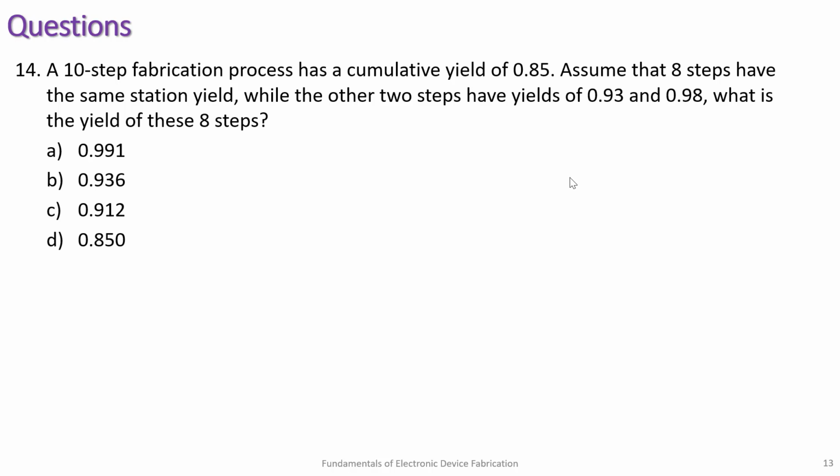So basically it is telling that the total is 0.85. The first 8 steps have some value x, and the last 2 are 0.93 and 0.98. So what is the yield of the first 8 steps?